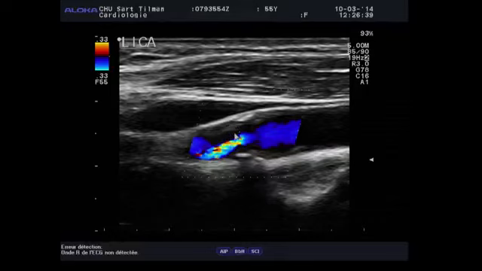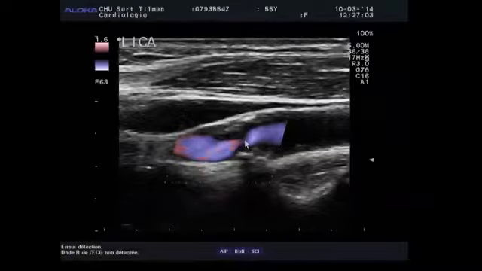And anechogenic stenoses are much more dangerous than hyperechogenic ones because they correspond to high lipid content, and they are much more dangerous than calcified or fibrotic ones. The same with E-flow, and it looks even more severe in E-flow than in color flow. So this is the bulb of the internal carotid artery, and this is the common carotid artery.